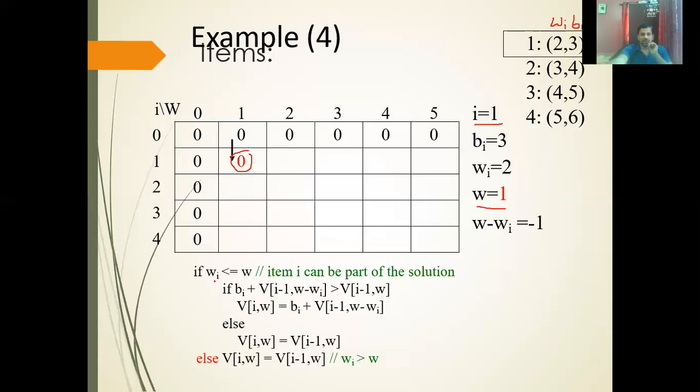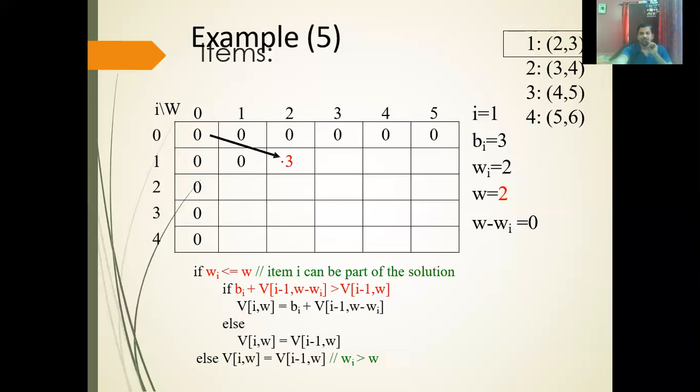Check with this condition. Wi, 2, less than or equal to the remaining capacity of the container. The remaining capacity of the container is 1. Is it lesser than or equal? False. And this value, that is b of i comma w, that is 1 comma 1, should be b of i minus 1 comma w. i minus 1 in the sense 0 comma 1. That means it should initialize with this value. So this value I'm getting from this. See this change.